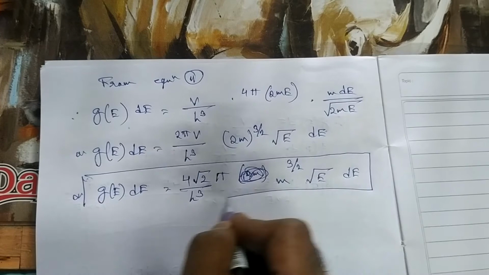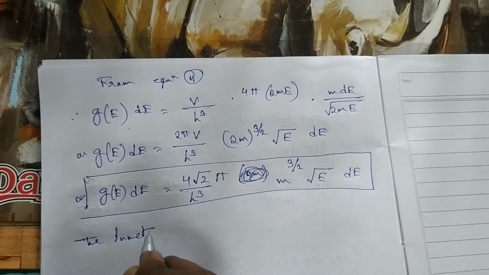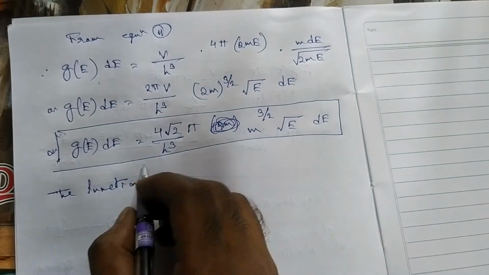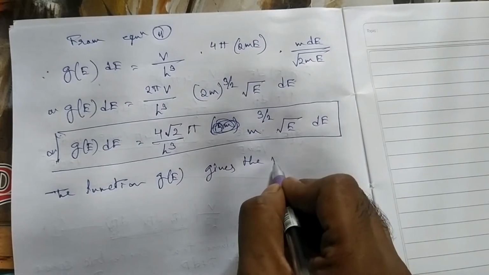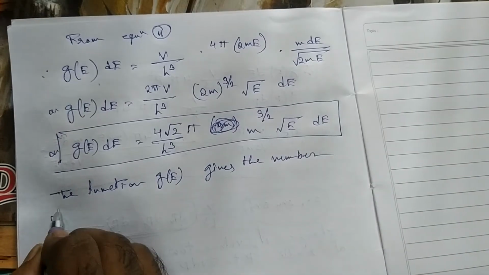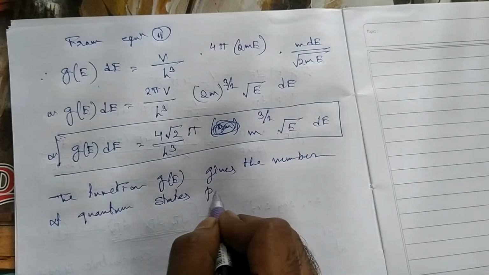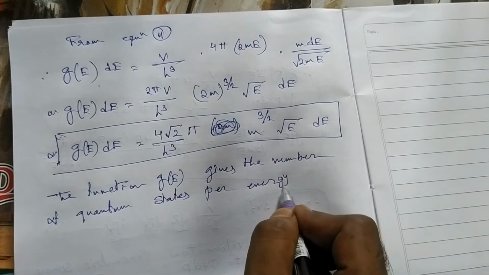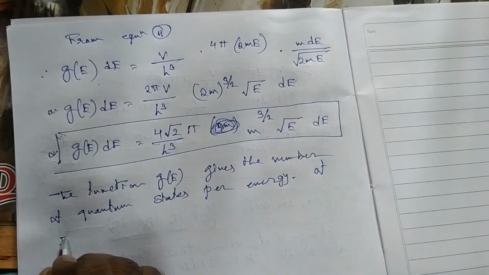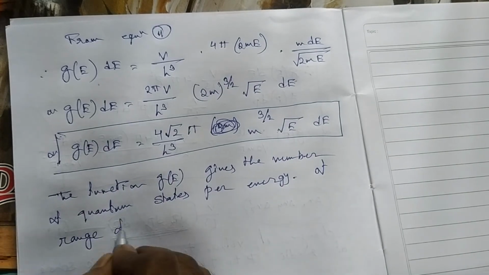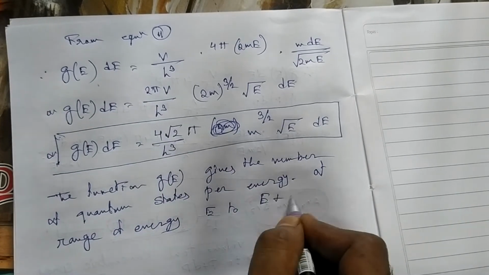This is in terms of energy. The function g(E) gives the number of quantum states per energy range, from energy E to E plus dE.